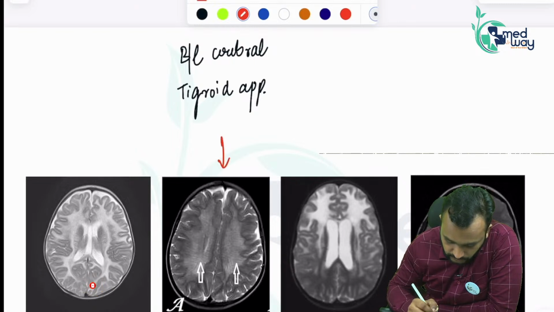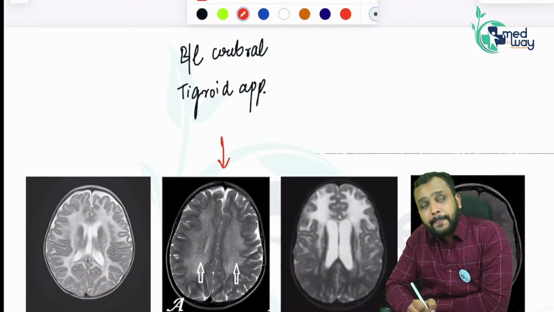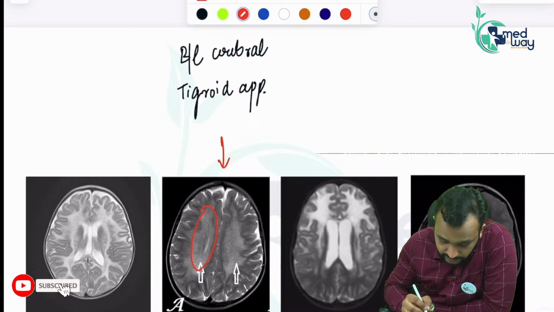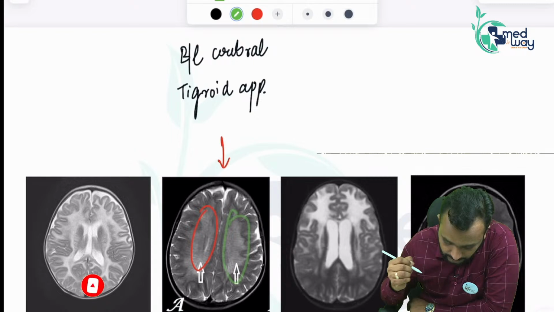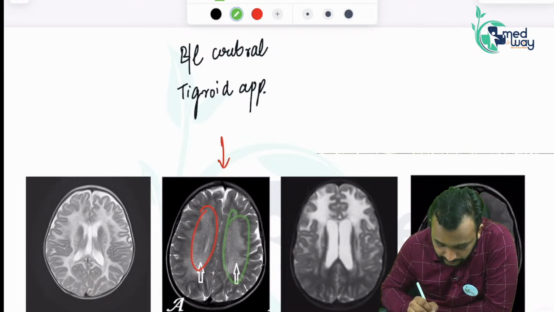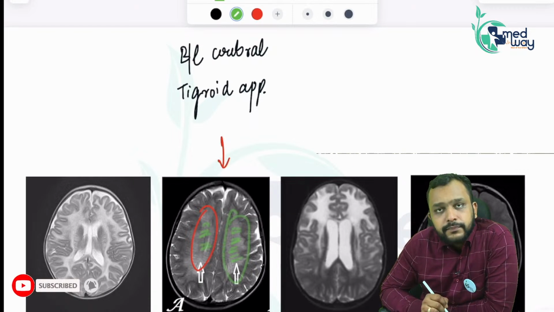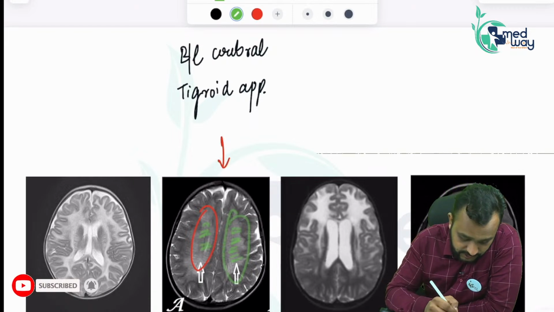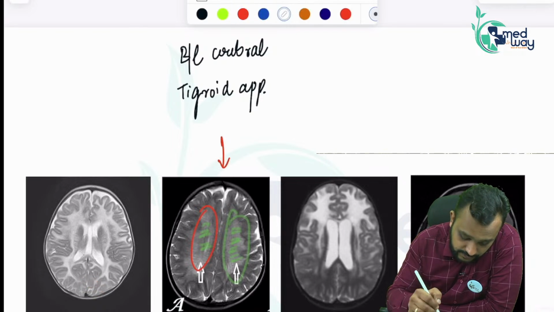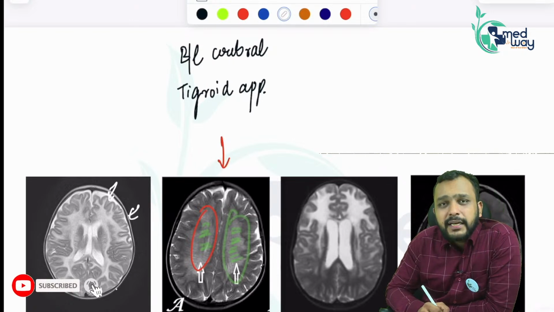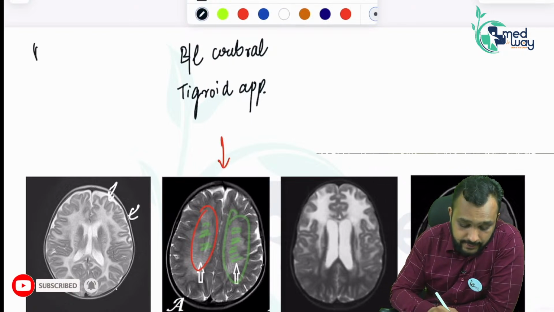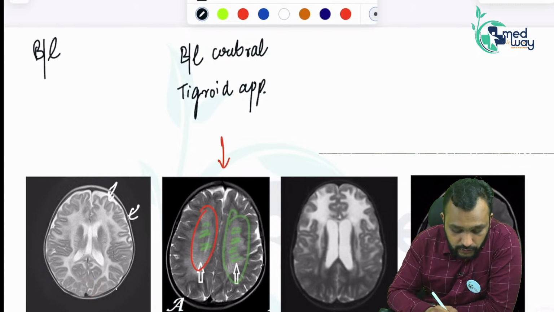So this is your T2 weighted images of the brain, and here you can see these asymmetrical hyperintensities, these are giving the tigroid appearance, right? And in the first image you can see that these hyperintensities are again present in bilateral hemispheres, and it is also involving your subcortical U fibers.